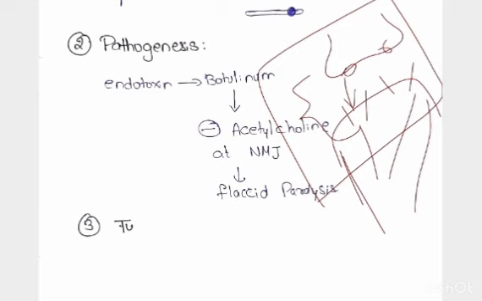But when acetylcholine release is inhibited at this neuromuscular junction, there is no response from the muscle, which causes paralysis of the muscle, which is nothing but the flaccid paralysis.